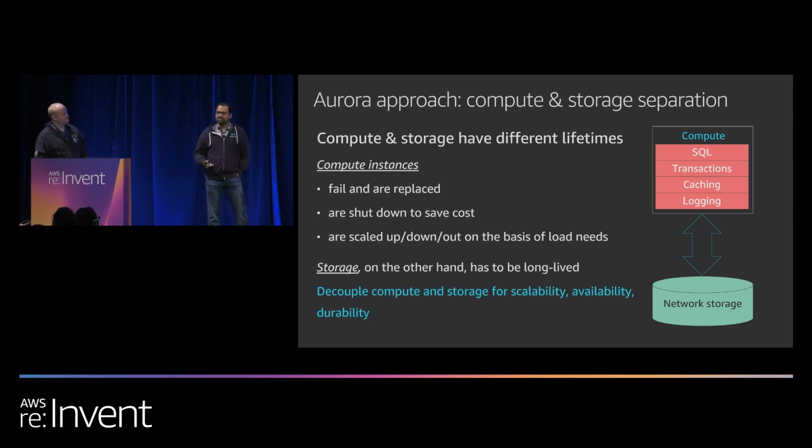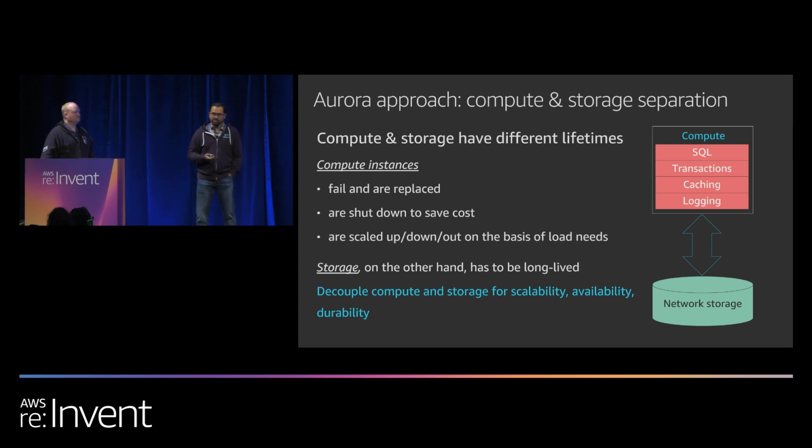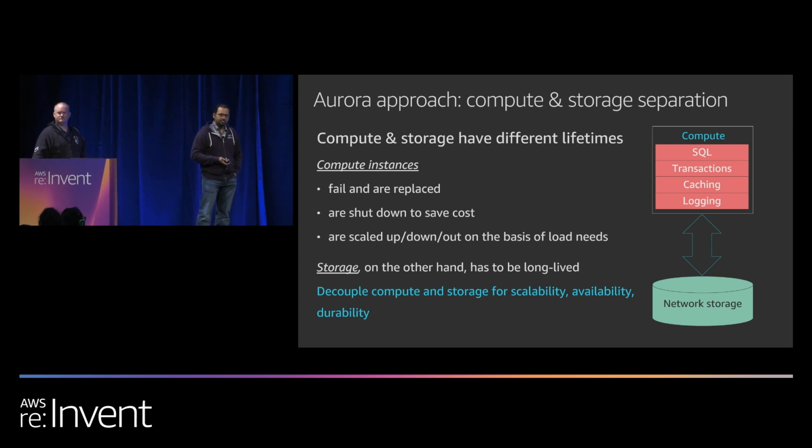But the storage has to be long-lived. So you can see a clear separation between the lifetimes of storage and compute. So we took advantage of this property that exists in the database. The first property is you can recover any state from logs. The second is you can separate compute and storage. It need not be tightly coupled.